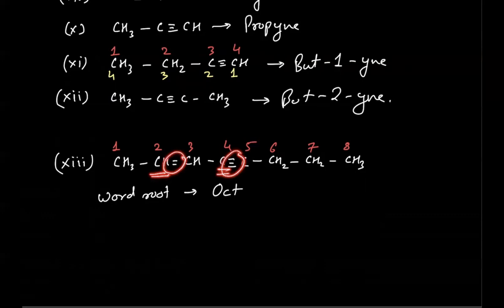And let's see what happens in another case scenario when you number from the right hand side. So in this case you number from the right hand side 1 2 3 4 5 6 7 and 8. In this case you give number 4 to the triple bond. So 2 to the double bond is smaller than 4 to the triple bond. And as I told you, we'll always try to give the lowest possible numbers.